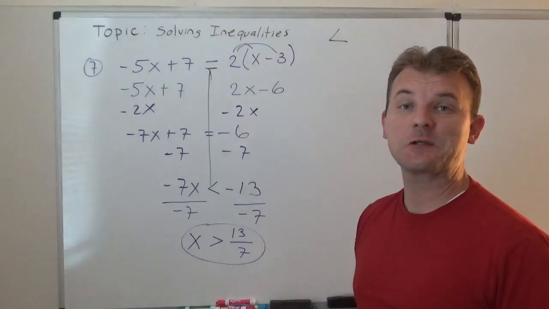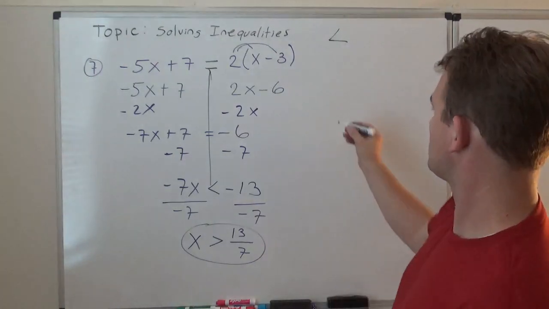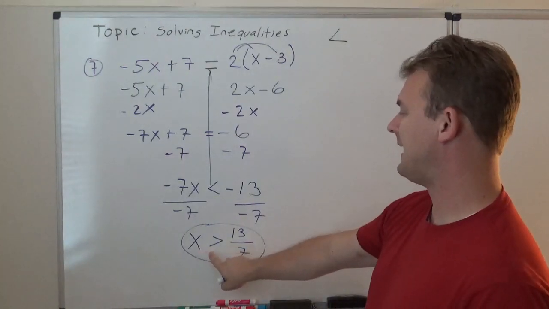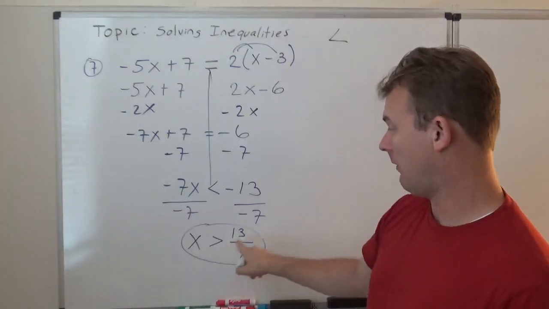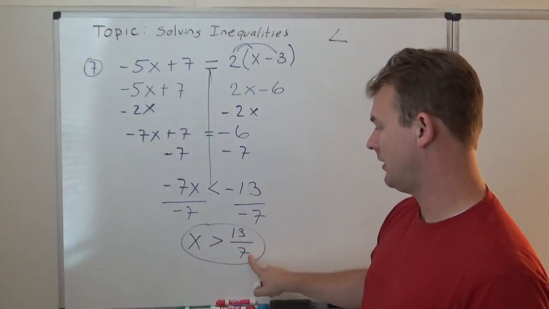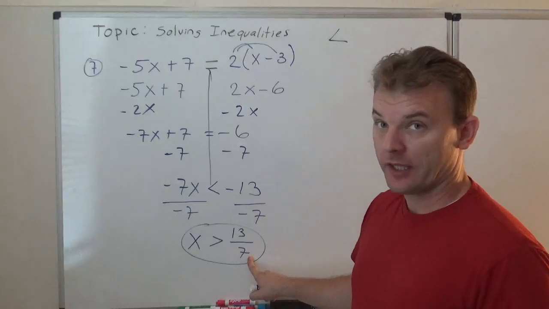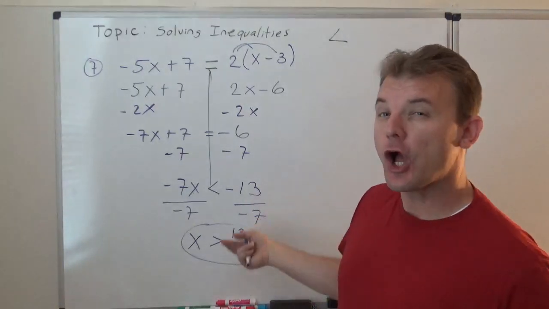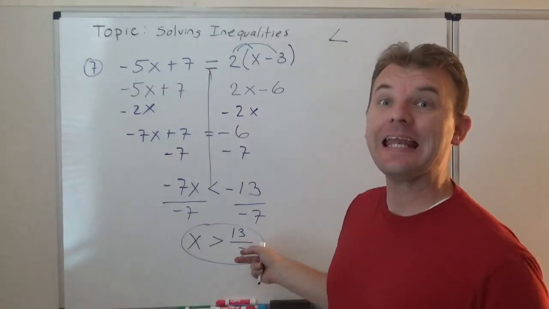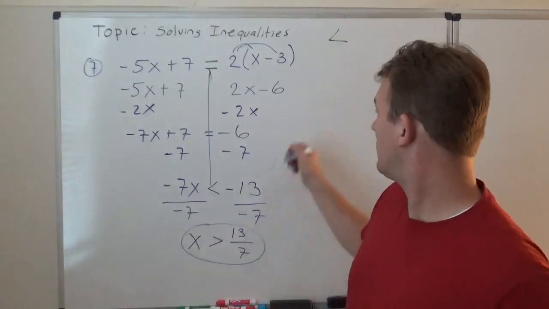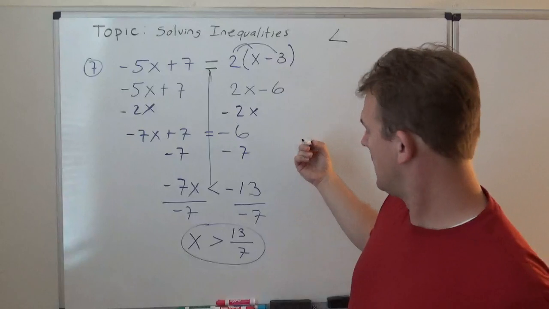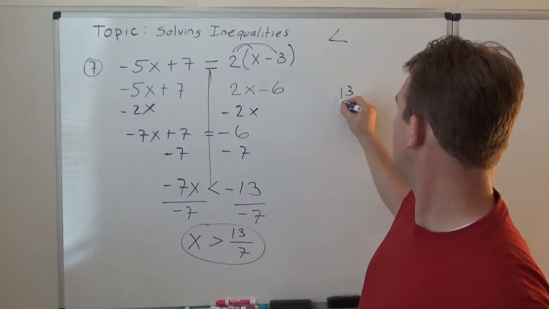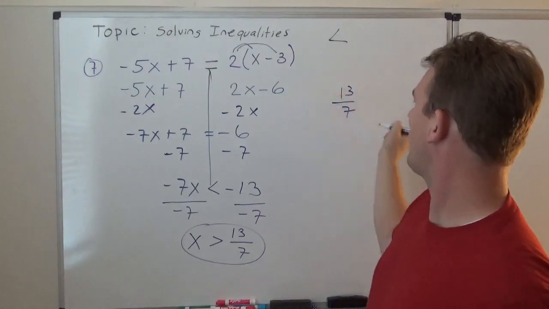Please write this in interval notation. So x is greater than 13 over 7. What's greater than 13 over 7? Well, we don't need to do that because we already know what we're doing. We can't have anything less than that. So you're going to go 13 over 7. And what way are we going to go?